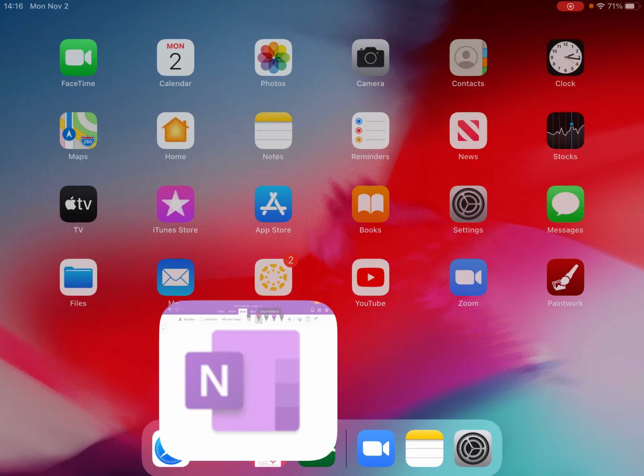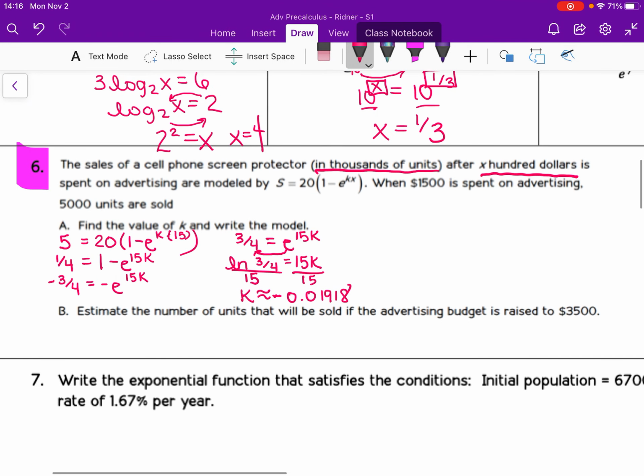So that means that our formula for this one is 1 minus e to the negative 0.01918 x. Okay, so for this one, all I'm doing is plugging in 35 for x.